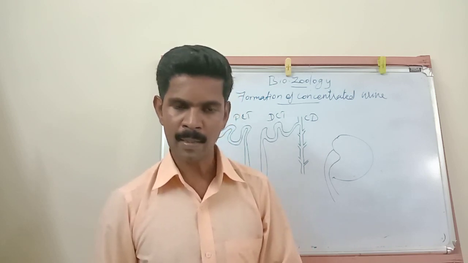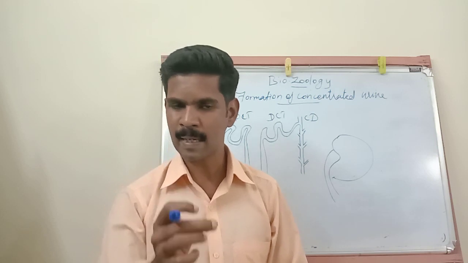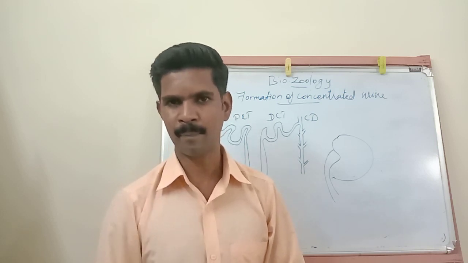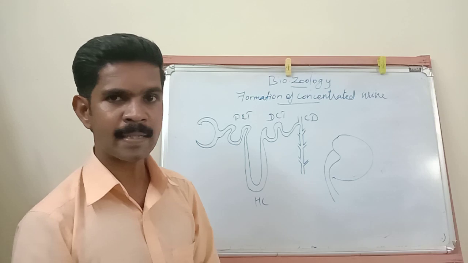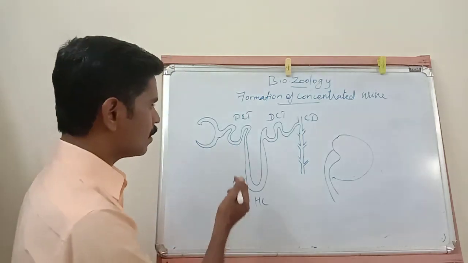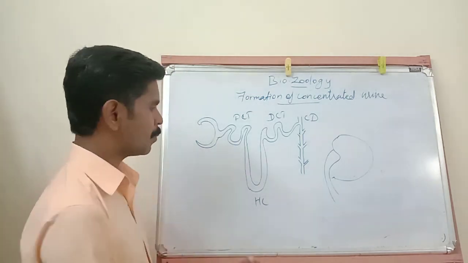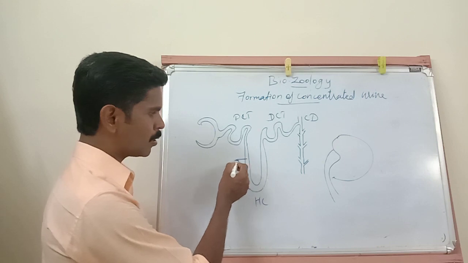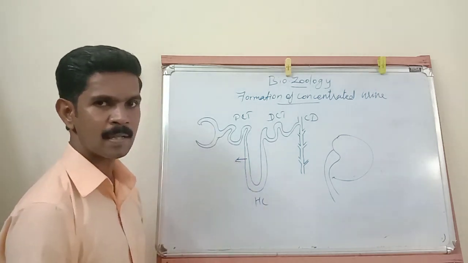When the fluid enters the descending limb, a larger amount of water moves from the lumen to the outside, that means to the interstitial tissue.